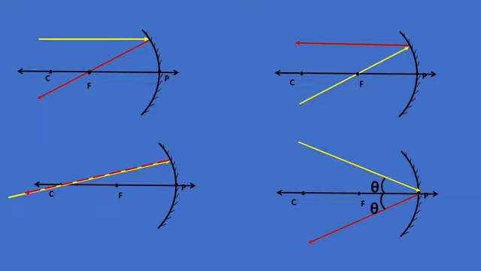Now, using these rules, let us draw the image of an object which is present here, that is beyond center of curvature. To find the image formed, we have to select any two of the four rules.